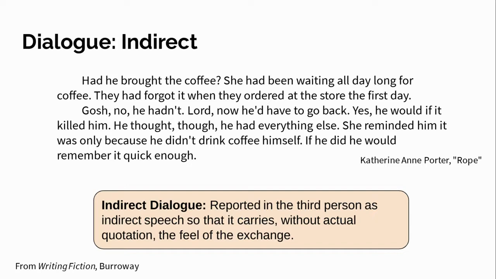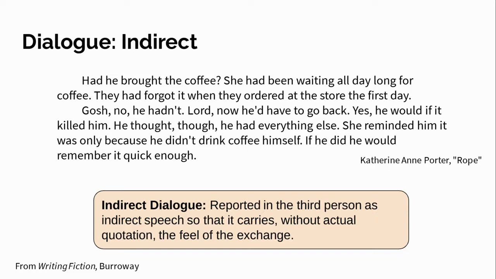Okay, so indirect dialogue is reported in the third person as indirect speech so that it carries, without actual quotation, the feel of the exchange. Someone is almost relaying what was being said in an exchange. It's almost like the narrator will take over and restate it as if they were restating it to another person, or in this sense, a little bit more intimate, just their own perception of what happened during that dialogue exchange.